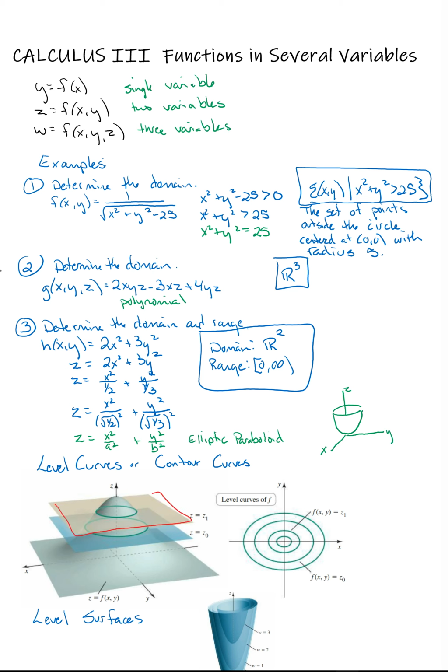So here I've got a plane, and I'm going to slice through that surface, and that gives me this curve. You can see slicing it with a different plane, if I use this blue plane, I get a different curve. So slicing a surface with a plane. Remember, surfaces can move, but planes are flat. So I'm going to slice it with a plane, and that gives me what's called a level curve.